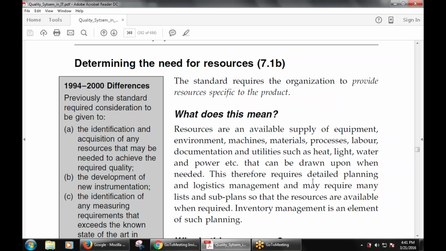So the resources are used with the data resources.